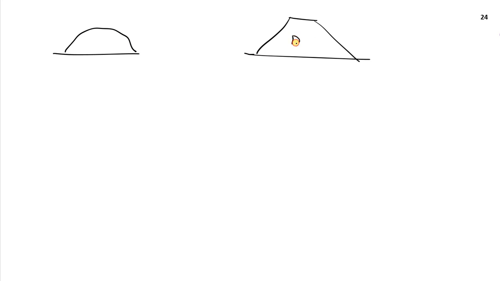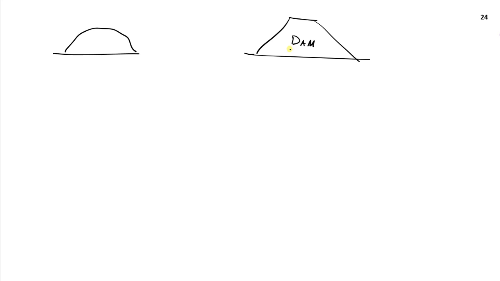Okay, so let's first sketch the problem. So there are going to be 3 borrow areas. I'm just going to make just one sketch, and this is that dam that is being constructed. So this is the dam, it is the fill.